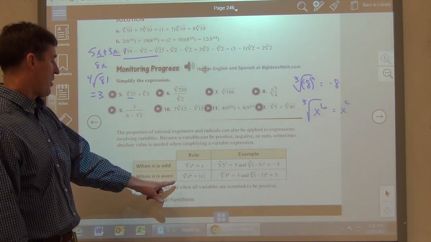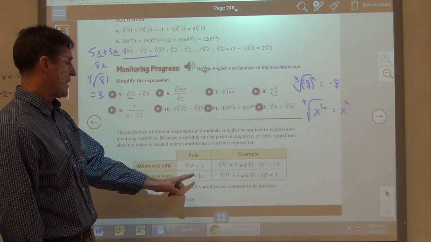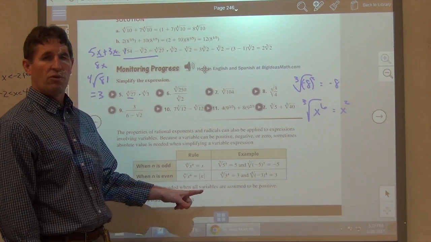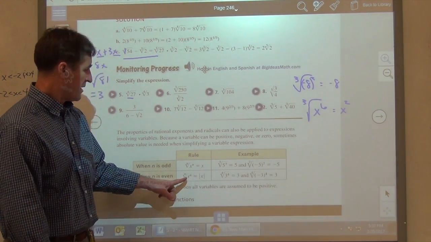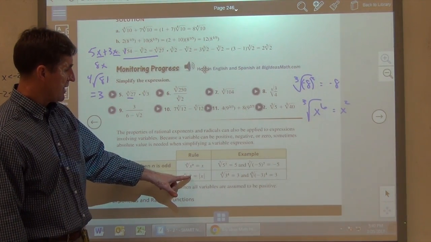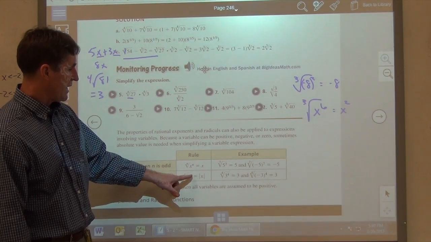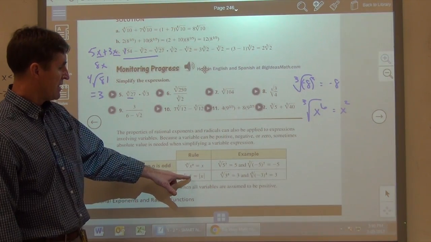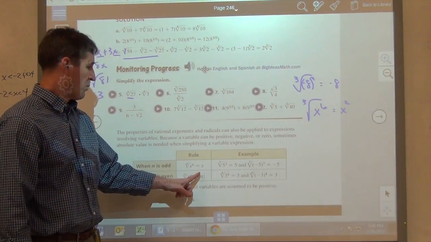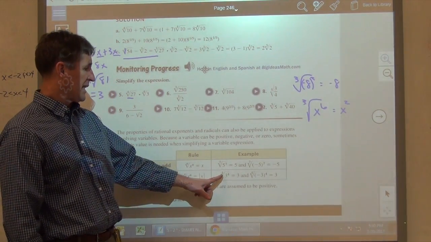But where you run into problems is when n is even. And so when n is even, you're always going to take this and say the absolute value of x, because that negative sign would disappear when I did this. If this was negative 3, let's say that was 8, well, negative 3 to the 8th power is going to give me a positive number. So we're going to put absolute value signs anytime we have this.